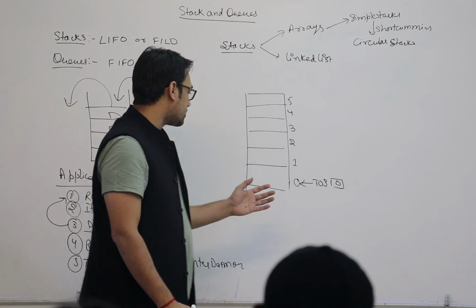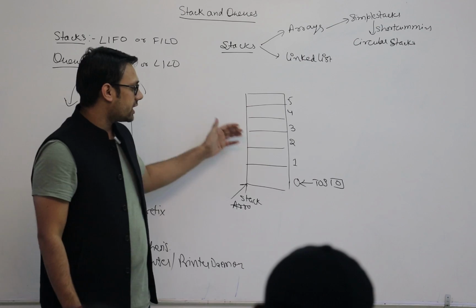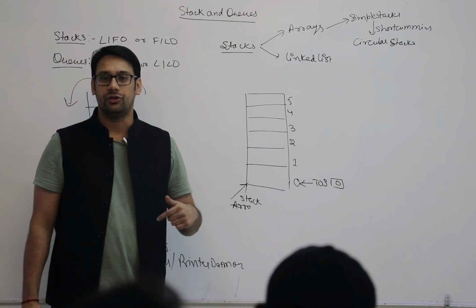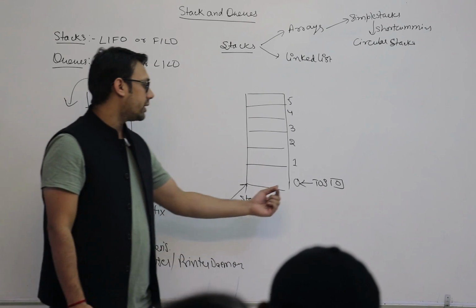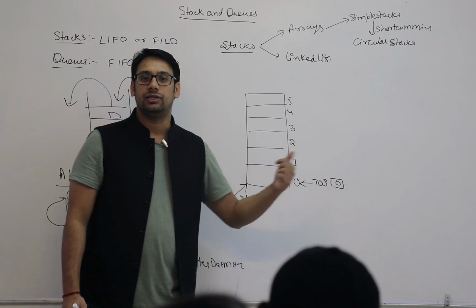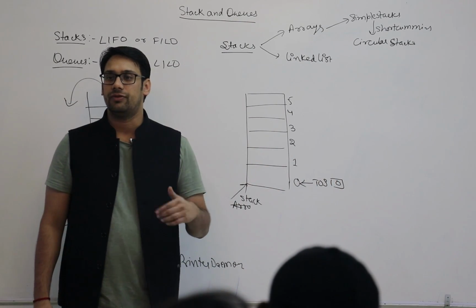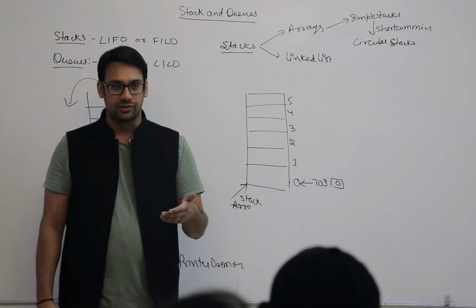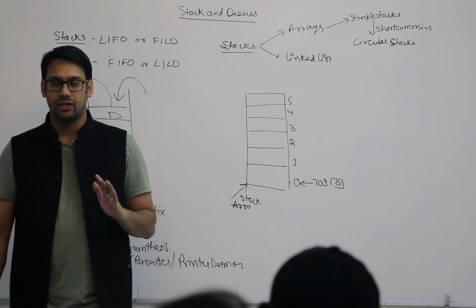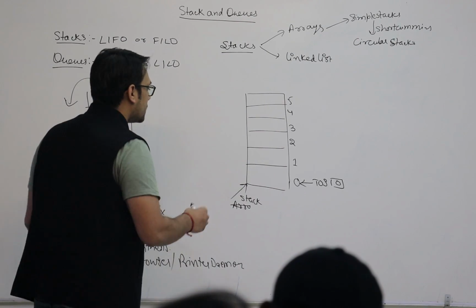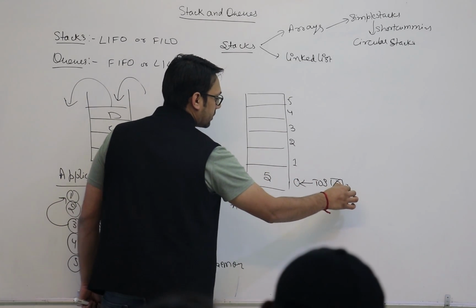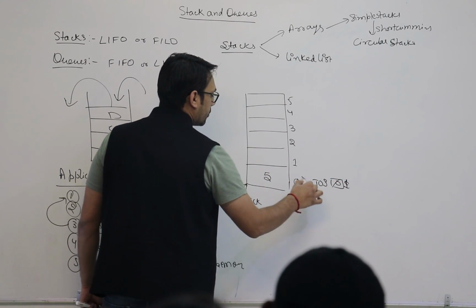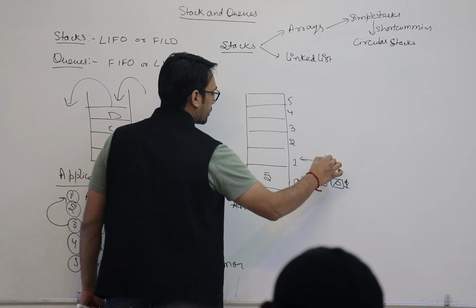For example, let us suppose in top of stack we are storing 0, that means it points to the location where the next data item will come. If I make top of stack equal to -1, that means it points to the location where the current data item is. Now let us say I want to insert 5. Then top of stack value will become 1, and it will point to this location.